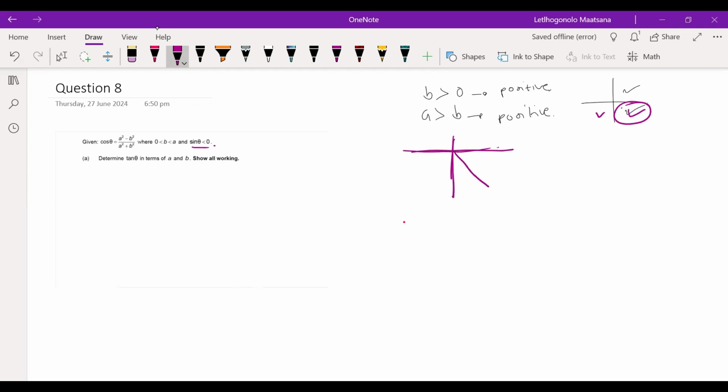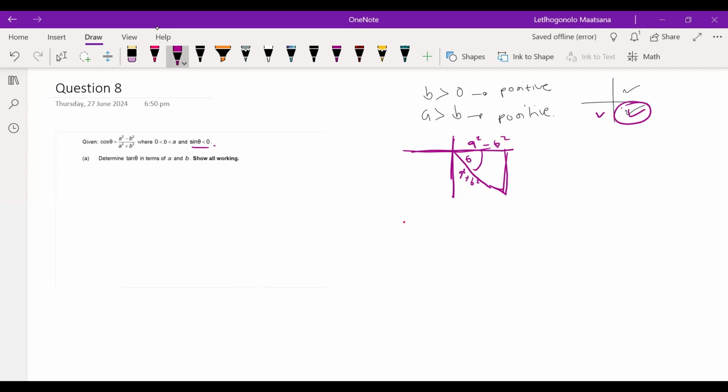So let's draw our angle. We're going to say that there is theta. We understand that cos is adjacent over hypotenuse. So our hypotenuse would then be a squared plus b squared, and our adjacent is going to be a squared minus b squared.